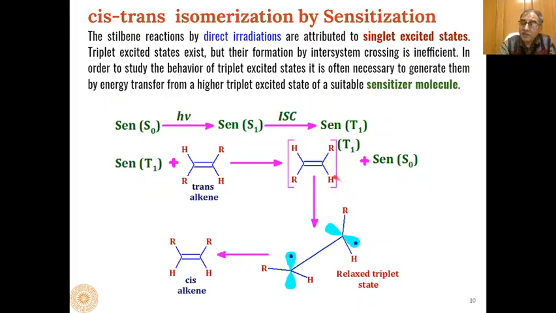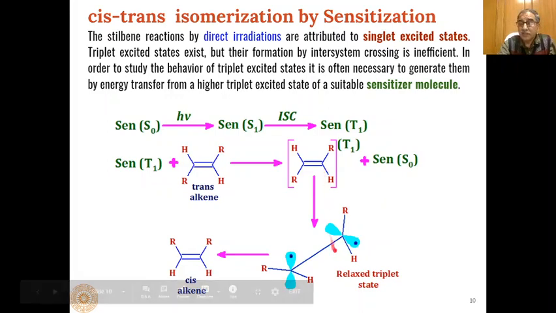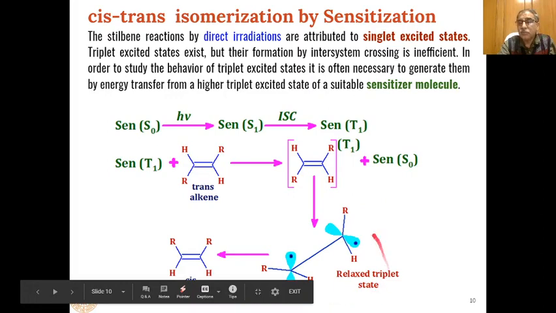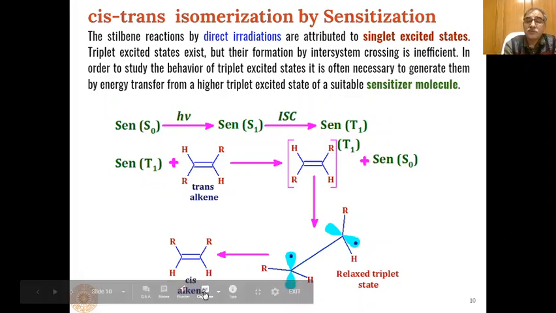This excited alkene molecule then undergoes relaxation through rotation, and we get a relaxed triplet state, which gets converted into the other isomer, that is, the less stable cis alkene is formed through sensitization.